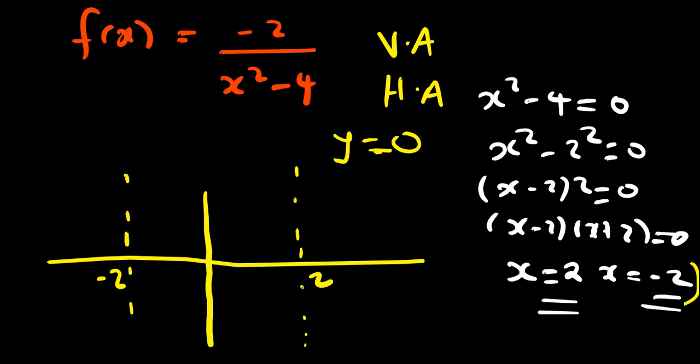So let me say this was -2, and this was 2. Then the values that we had, after solving, this side had the positive, the middle had the negative, and the far end had the positive.